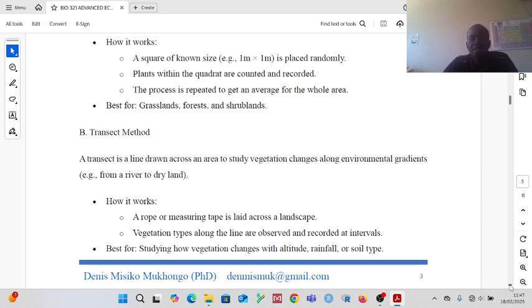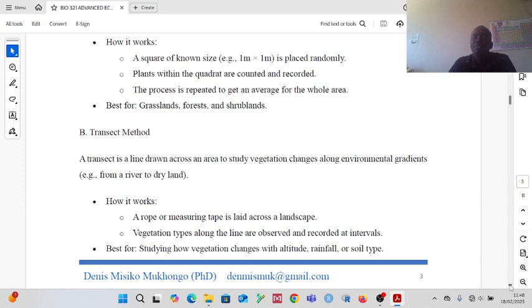If you lay such a transect, it can help you to appreciate how vegetation is changing with a particular factor. For example, with altitude, you could lay a transect from a low altitude to a high altitude. You could also lay a transect to understand how, as the amount of rainfall changes, that impacts the vegetation type and the vegetation density.